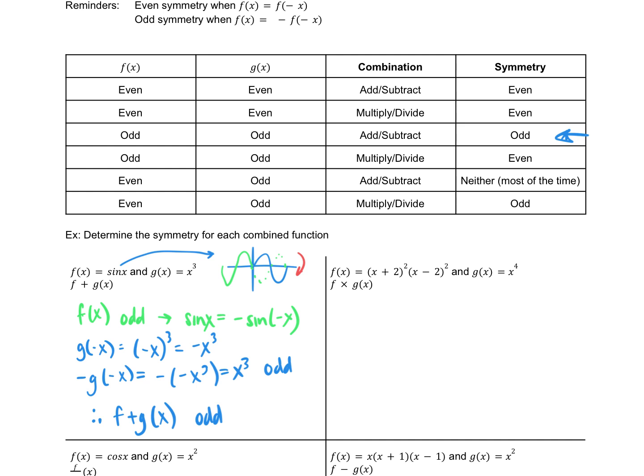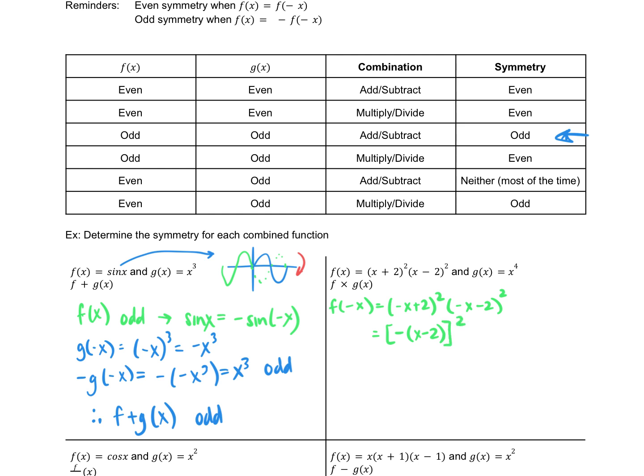Let's look at the next one. We have two functions that are going to get multiplied. I'm going to do this algebraically for both. The only time I like to do the visual is for sin and cos, like the trig functions. So we'll start with f(x), and I'm going to start with f(-x). Now remember, for something like this, it's not a one-step wonder. I can't just distribute the 2 in. What I'm going to do, I'm going to factor out a negative from -x + 2.